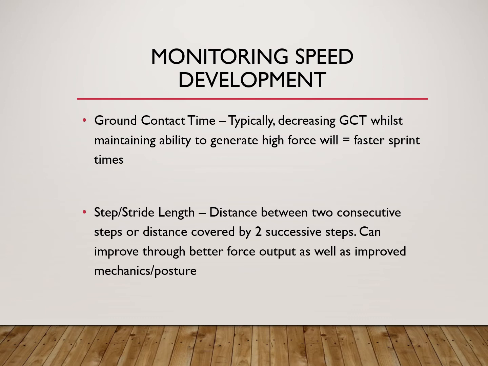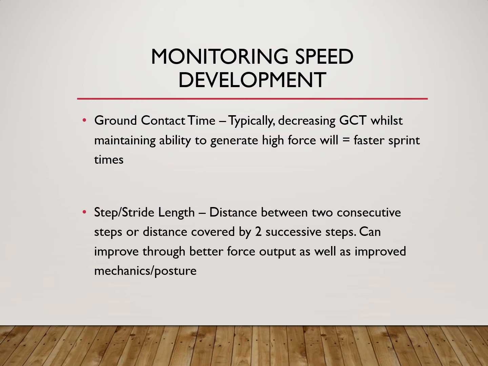Now, when we're thinking about how we can monitor the development of speed, obviously our main metric is the time to complete a task, but there are a number of other factors we need to think about when monitoring the development of speed and acceleration. Ground contact time is a good one, something we can get from force plates, for example.